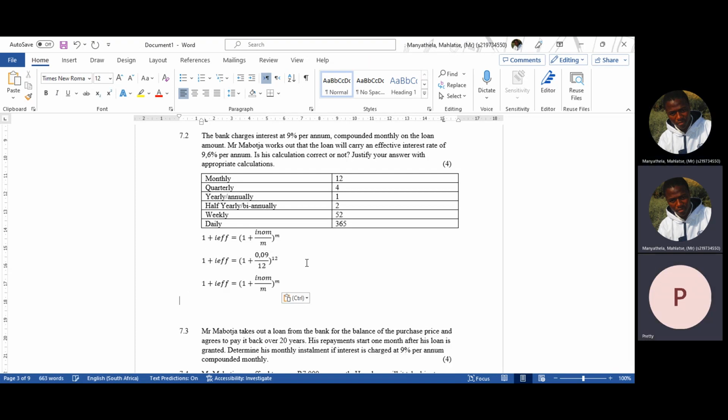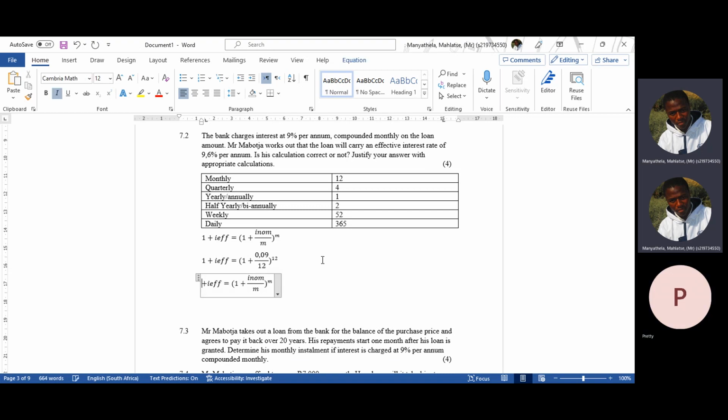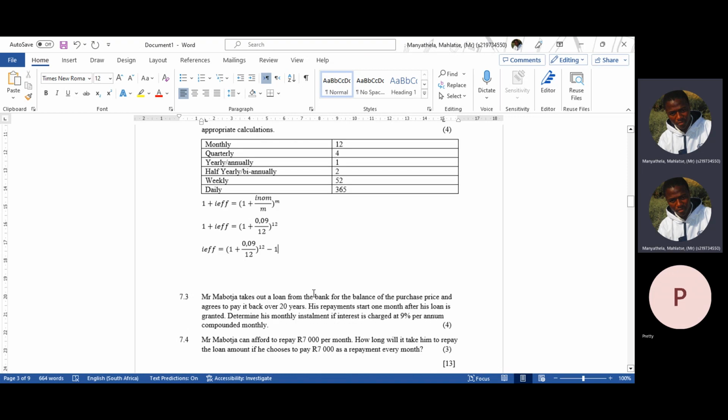So on the left hand side we remain with i_eff, where eff is for effective interest rate, equal to 1 plus 0.09 over 12 to the exponent 12, subtract that 1 that we brought across.